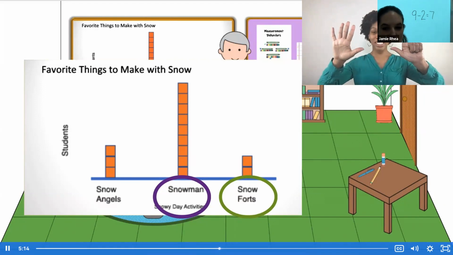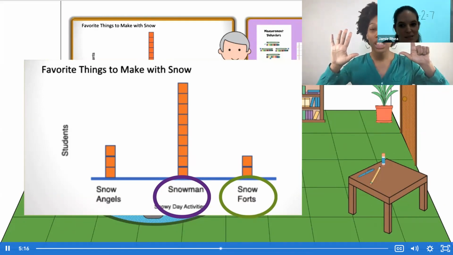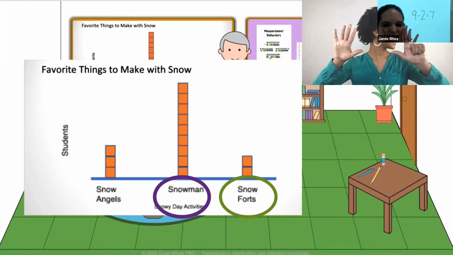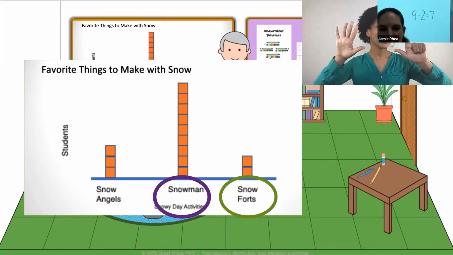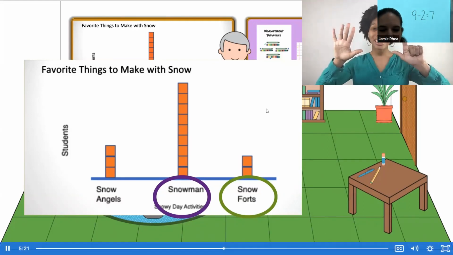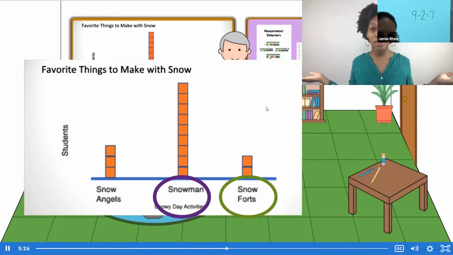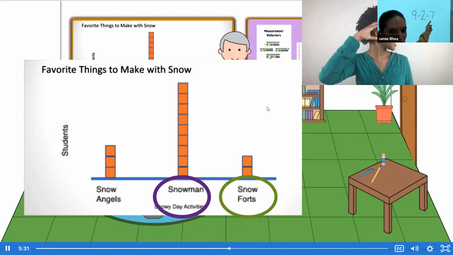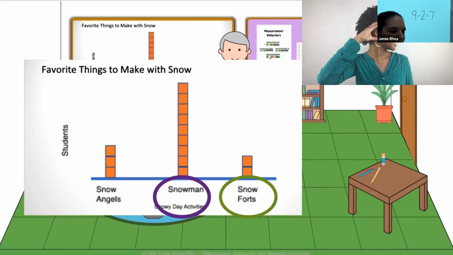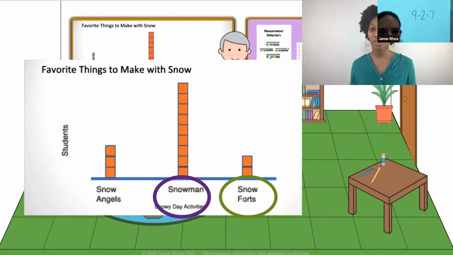How many fingers do we have up? Whisper it to me. Yes, we have 7 fingers up. So how many more people prefer to build a snowman than a snow fort? 7. That's right. 7 more people.